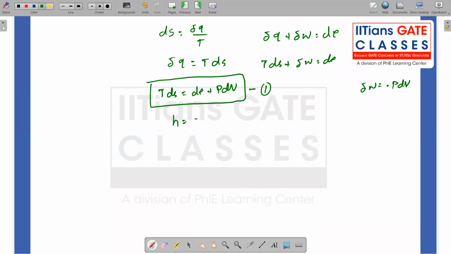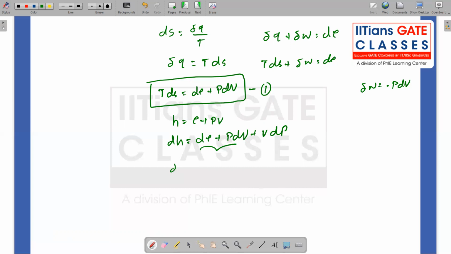That is through H is equal to E plus PV, right? So I can write in differential form, dH is equal to dE plus PdV plus VdP, right? dE plus PdV is nothing but TdS, as we have seen from equation 1.